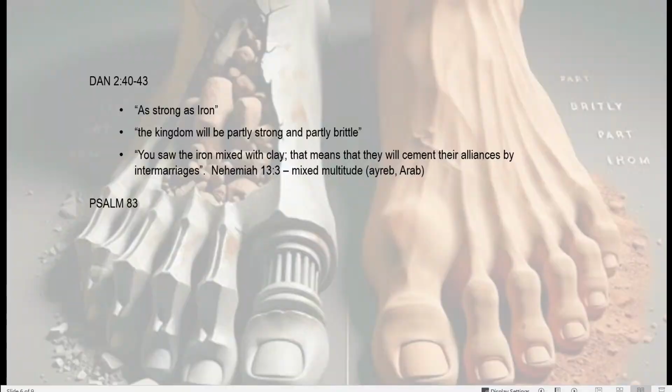All right. So then we looked at Daniel, chapter 2. Chapter 2, verses 40 through 43, says that this fourth beast will be as strong as iron. Looking back through our study of the Muslims, of Arabs, they became a strong people through their unity, through their language.